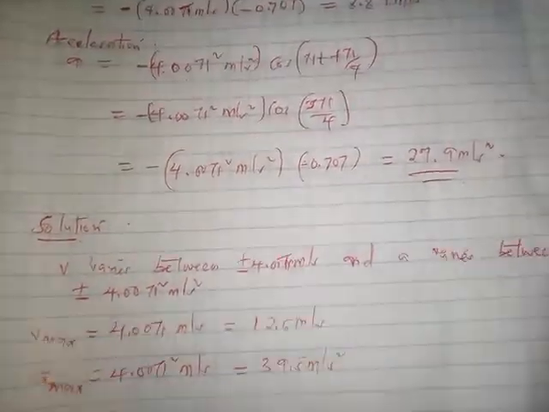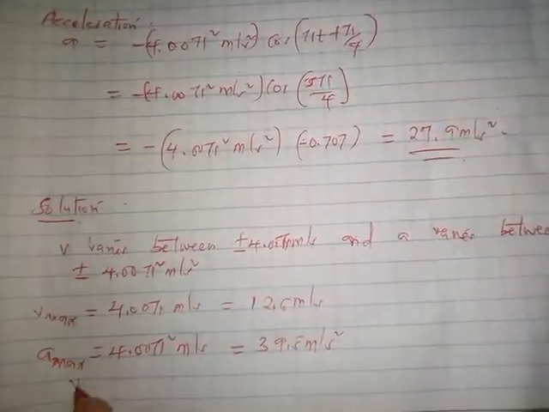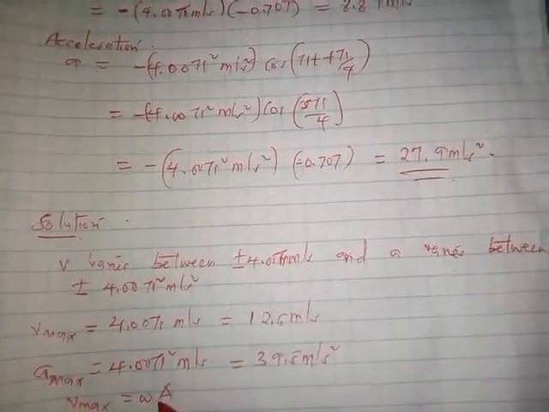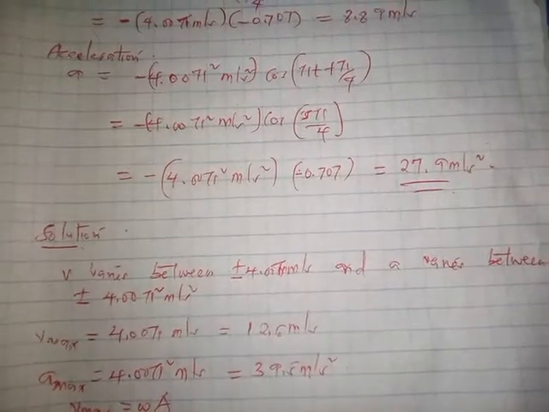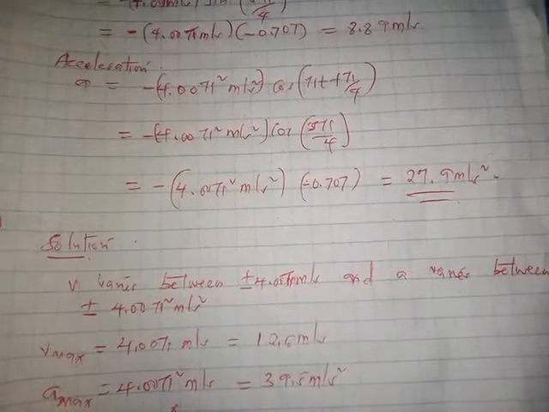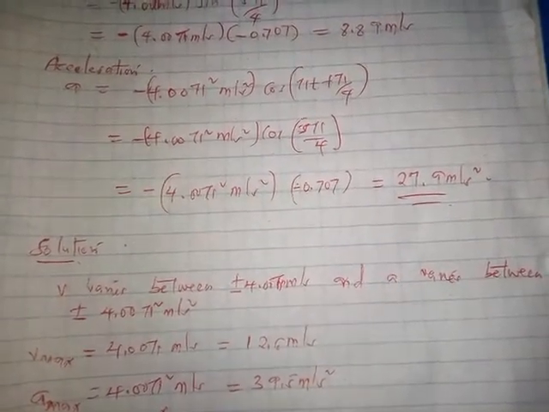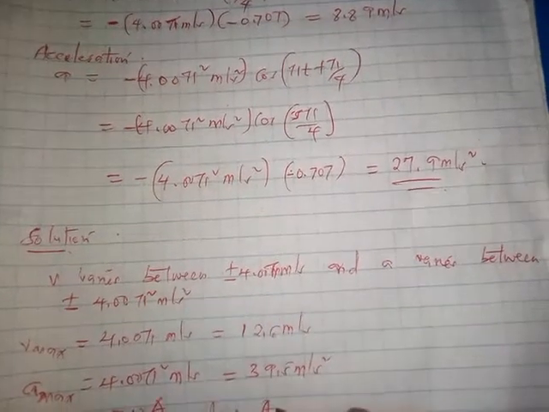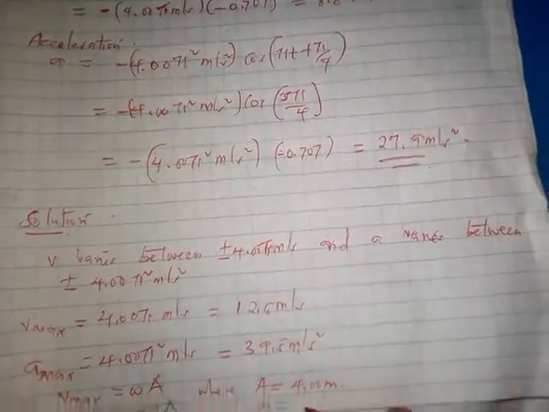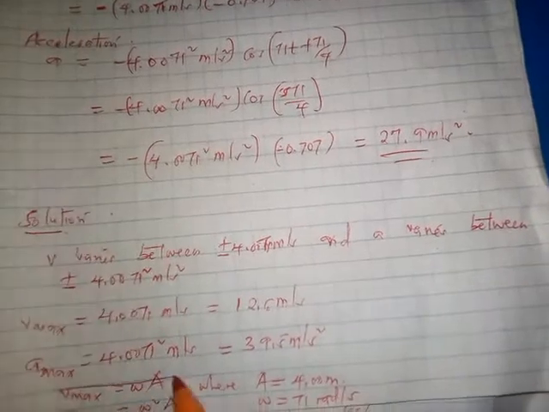We obtain the same results using the relations v max equals omega A, and a max equals omega squared A, where A is equal to 4.00 meters and omega is equal to pi rad per second.